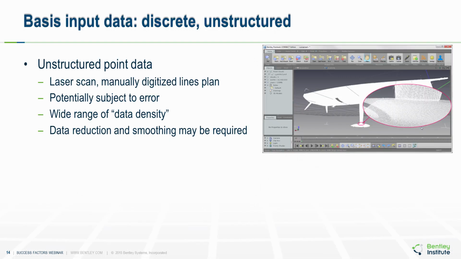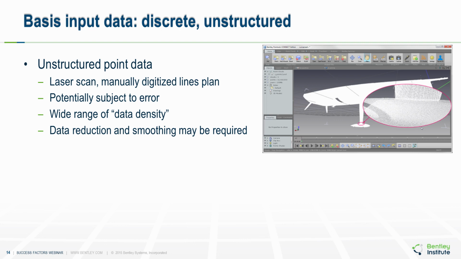We can have unstructured discrete data in the form of a point cloud, typically from a laser scan or possibly manually digitized lines plan, although in this second case the data would normally be structured and ordered along known contours. Both are potentially subject to error, and typical datasets cover a very broad range of data density.